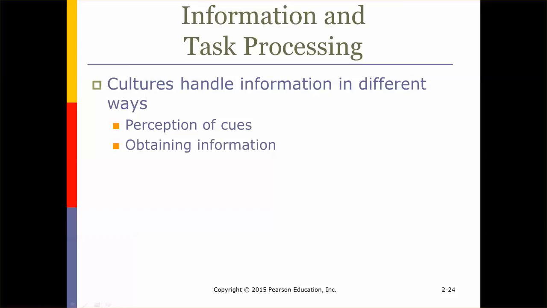Obtaining the information can often be a difficult process, and so is how you get that information. In a low context culture, people generally regard only first-hand information that bears directly on the subject at hand to be relevant. So in a low context country, if it doesn't pertain to what we're doing right now, they don't want to be bothered with it. They don't need it.